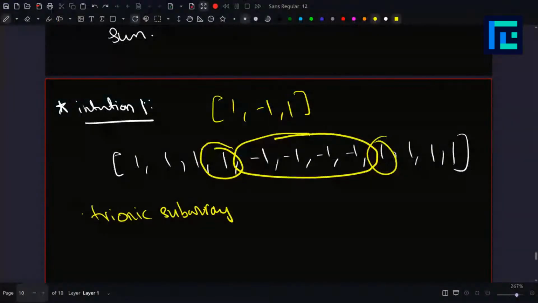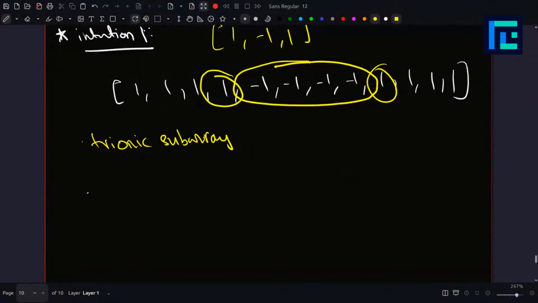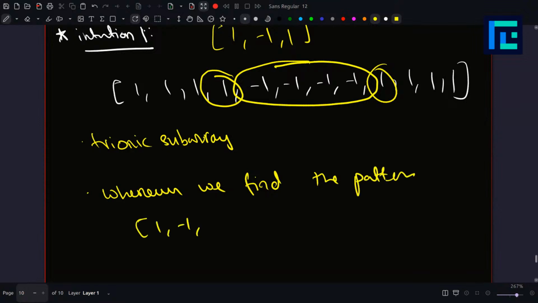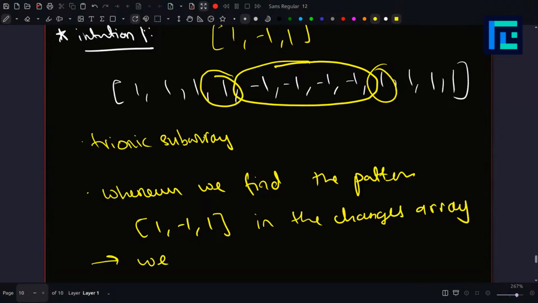So my intuition is that whenever we find the pattern 1, -1, 1 in the changes array, we can form a trionic subarray here.